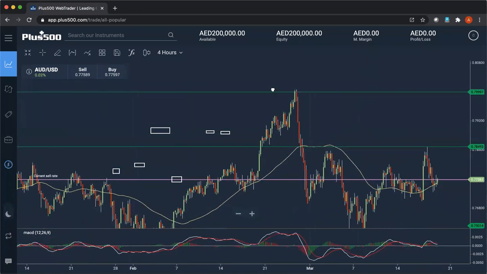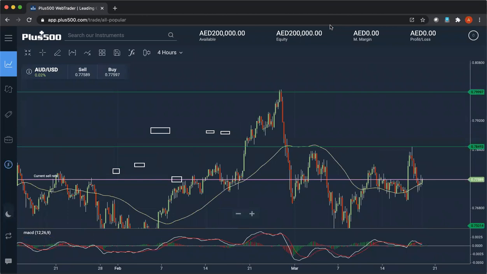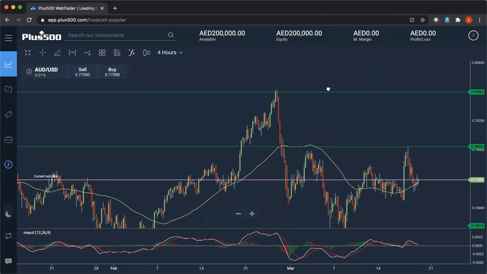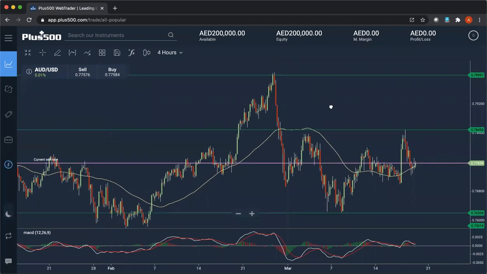So when I come here, let's just focus on the recent price action, because after this I'm going to look at the 1-hour chart. As you can see here, this IPL, and this is the reaction to IPL.